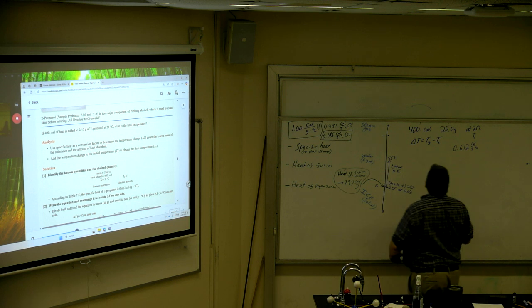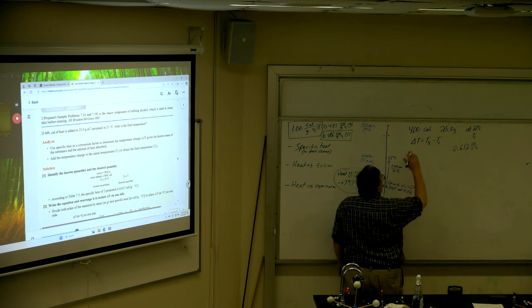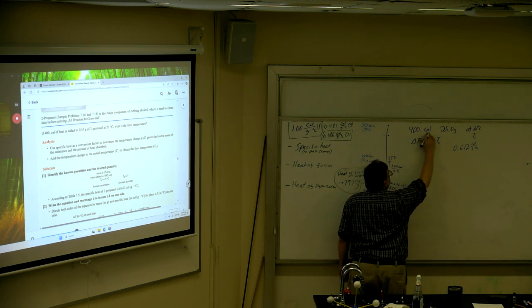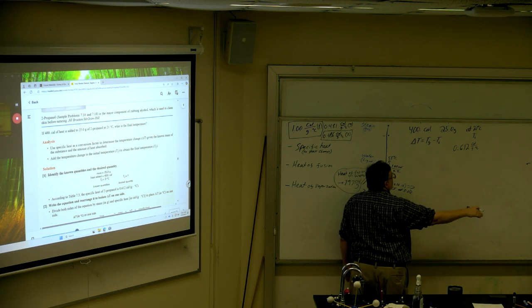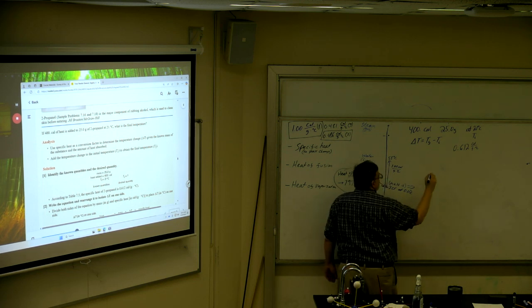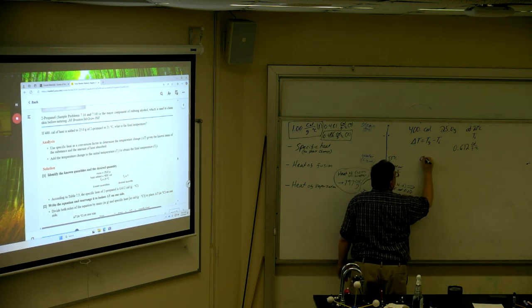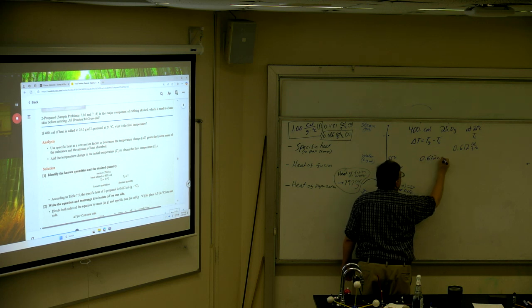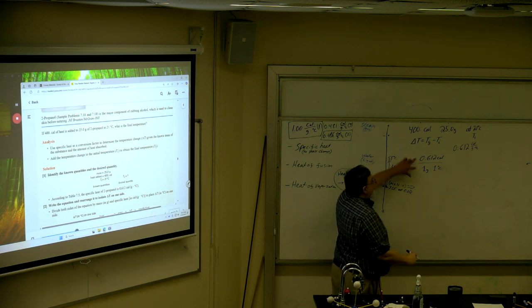So here's how you would do this. You're given calories, and we're looking for a temperature, so calories needs to cancel out. So use that as your clue. This is going to need to be flipped over, so the calories will cancel away.